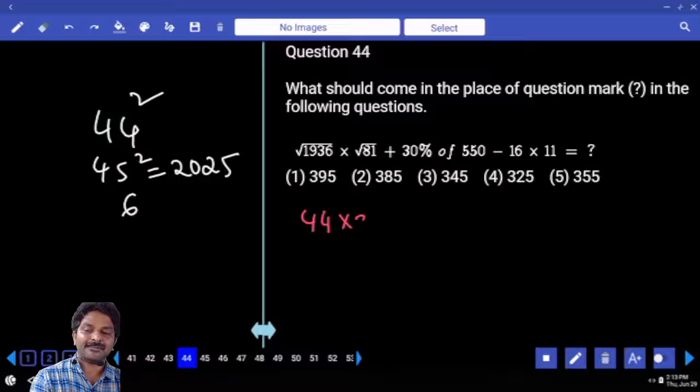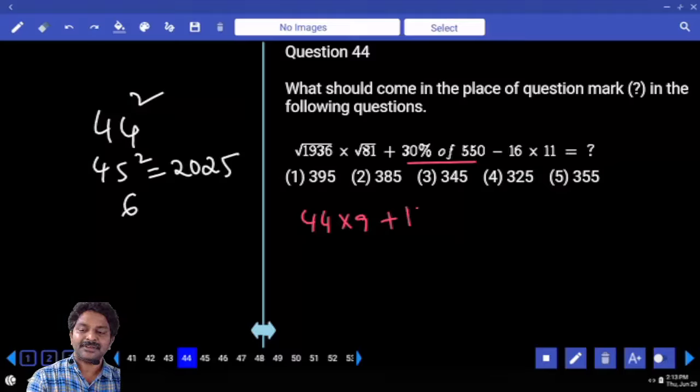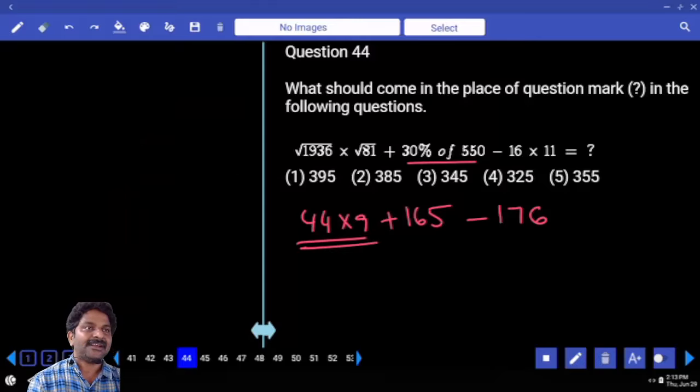Under root of 81, 9 times. We'll calculate this later. 30% of this number: 10% is 55, 3 times, 165 minus 176. Any answers? All the options are ending with 5, so we can't verify it. 9 times this number, in the sense 10 times minus 1 time. 10 times is 440, I will add 440 and then 165, and we have to subtract 44 also.